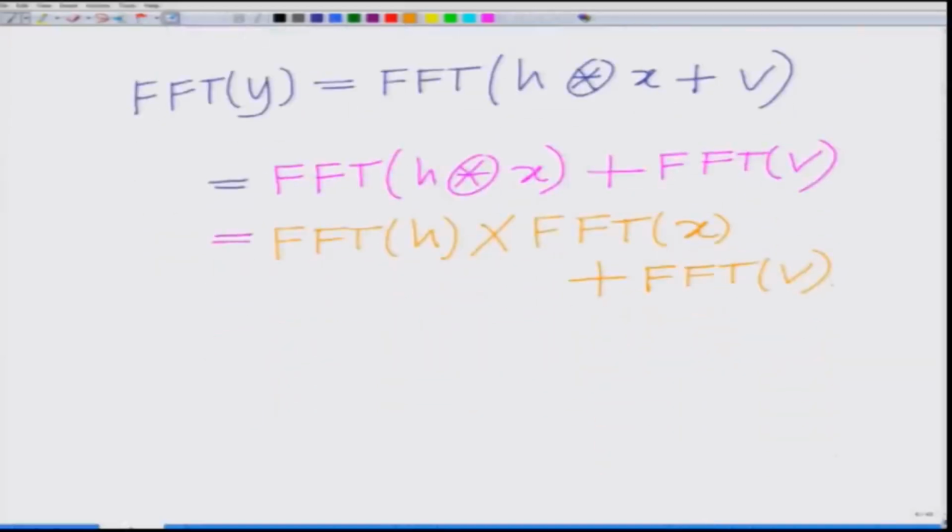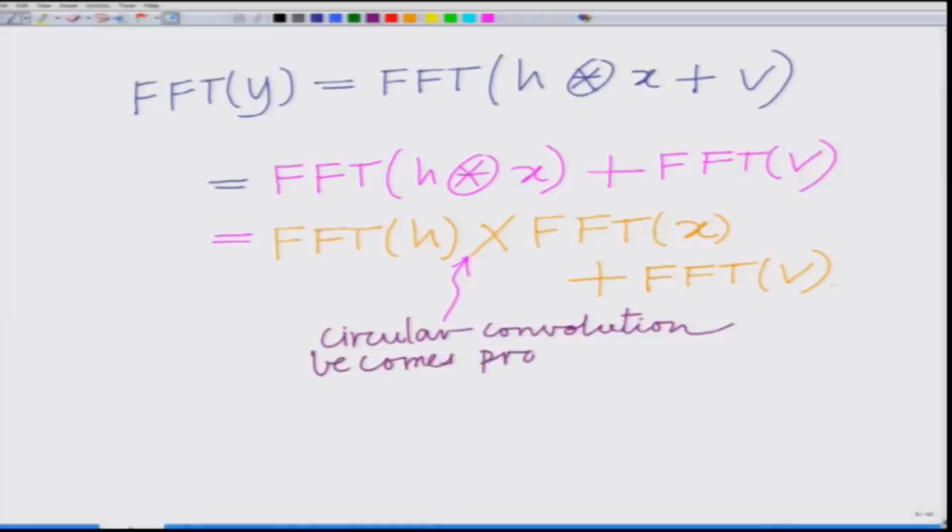So the circular convolution becomes a product in the FFT domain, or basically your frequency domain.